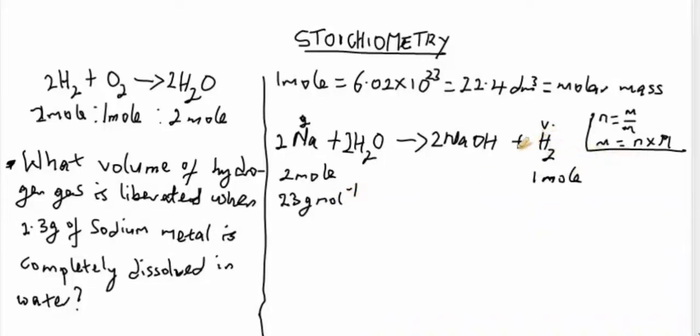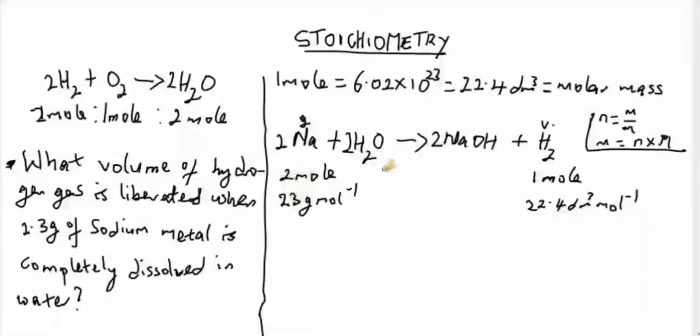And here we cannot bring molar mass, but rather they ask for volume. The relationship between mole and volume is 1 mole equals 22.4 dm cube. So we can simply bring in the gaseous molar volume, that's 22.4 dm cube for 1 mole. That's dm cube per mole.